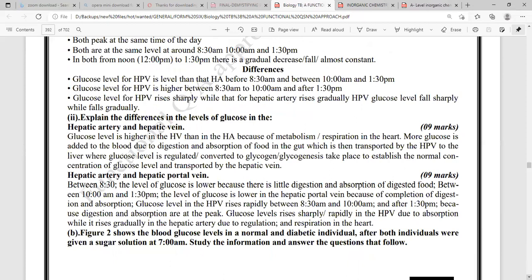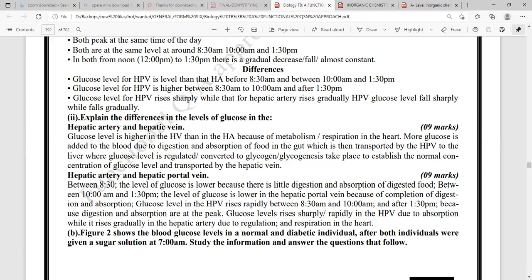Of course, you will be basing on the differences. You look at the differences and then you explain why we have a difference in the levels of glucose in the hepatic artery and the hepatic vein.